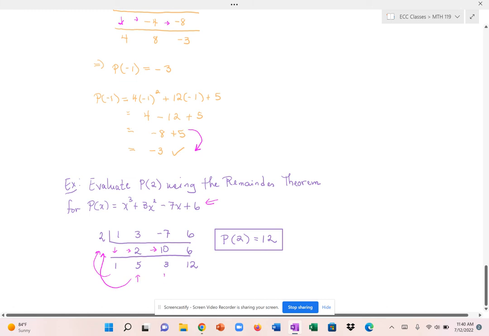Negative 7 plus 10 is 3. 3 times 2 is 6. 6 plus 6 is 12. So that means that when x is 2, p of 2 is equal to 12. So that would be a point on this graph. It would be the point 2, 12.